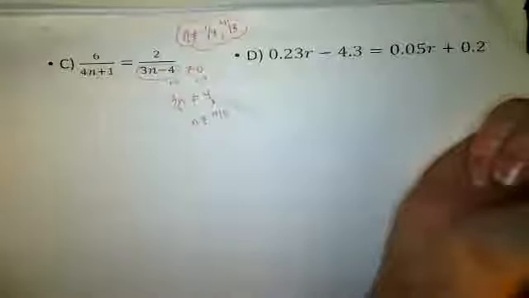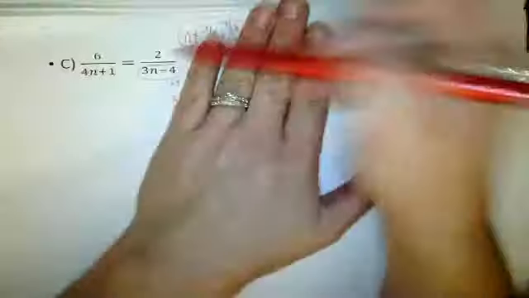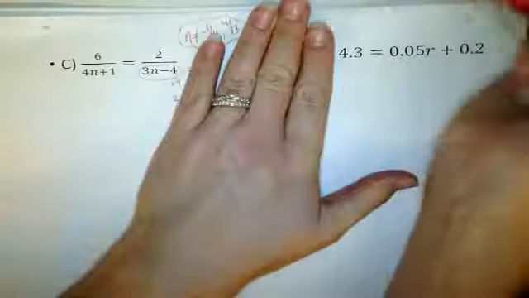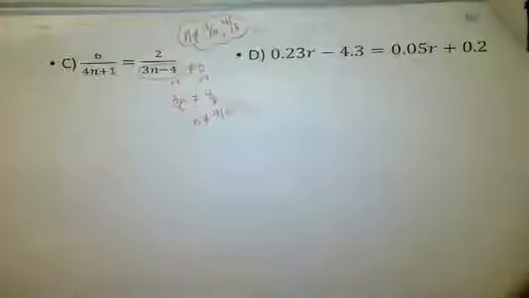All right, so this is commonly known as a proportion, where we have a fraction equal to a fraction. How do you solve a proportion? Cross multiply. Cross multiply is the traditional wording that we use, but technically we're just multiplying by the LCD still.